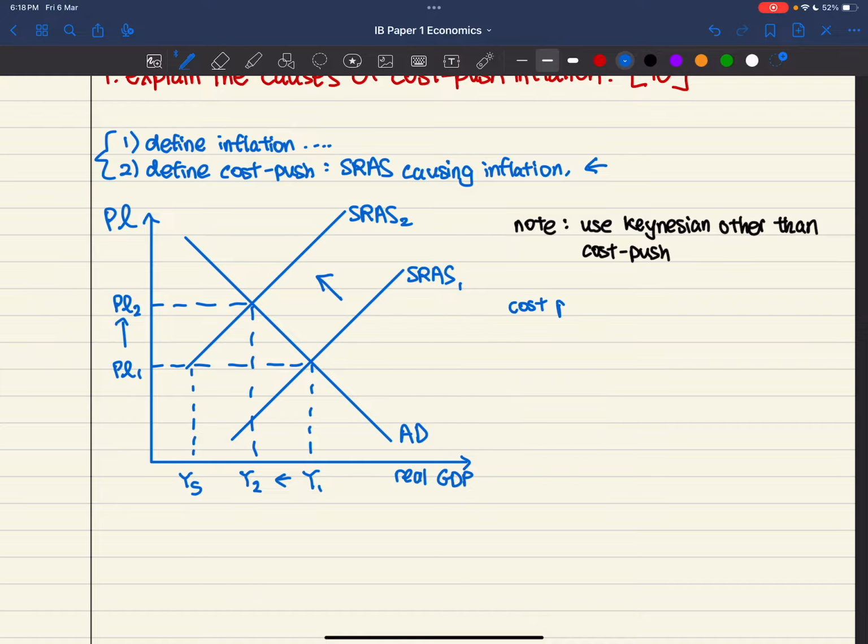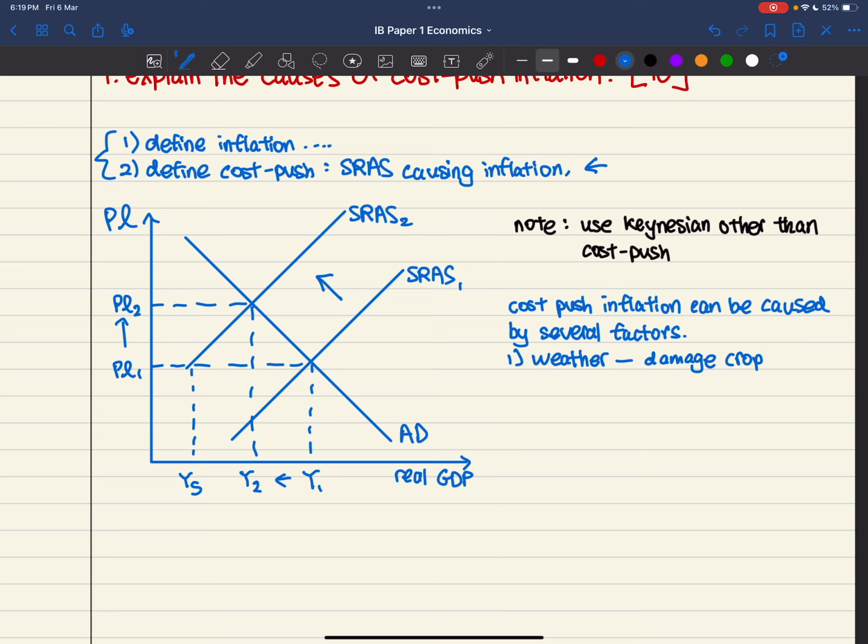Cost push inflation can be caused by several factors. And then you write, firstly, weather, perhaps, or something you want. Weather, what will it do? Damage crops, right?